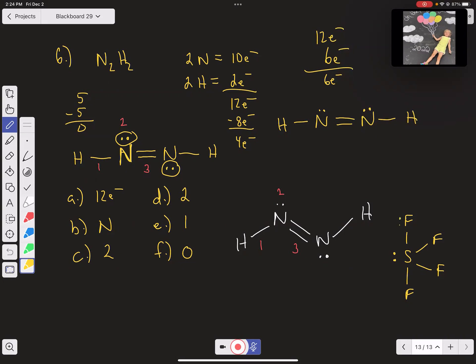All these fluorines still have a full octet, but typically our halogens, when they're going to be a peripheral atom, will only form a single bond as well. So this would be an exception. So these halogens will only ever form a single bond unless they're the central atom, right?